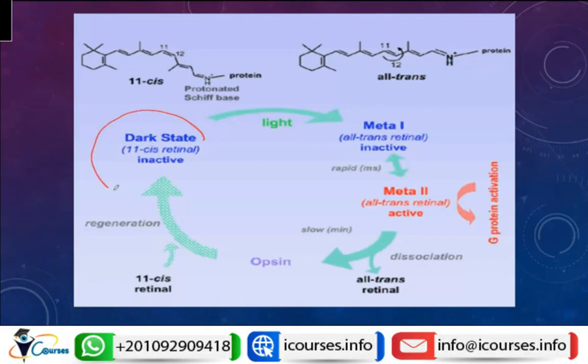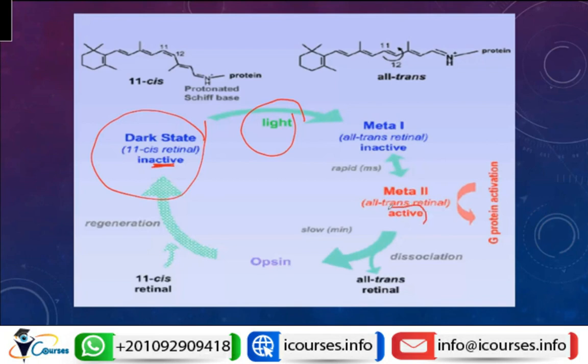In the dark state, as we stay in the dark, this is the molecule of 11-cis-retinal, and this is called the inactive rhodopsin form. Under exposure of the light, this will form the bathrhodopsin and the lumirhodopsin and the metarhodopsin 1, which is again inactive. That will form the metarhodopsin 2.